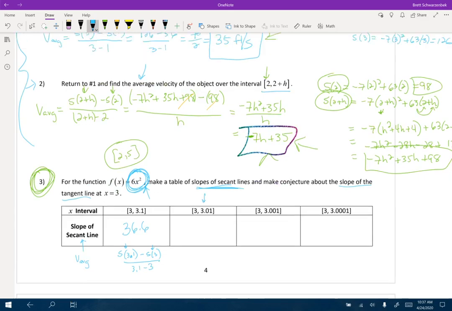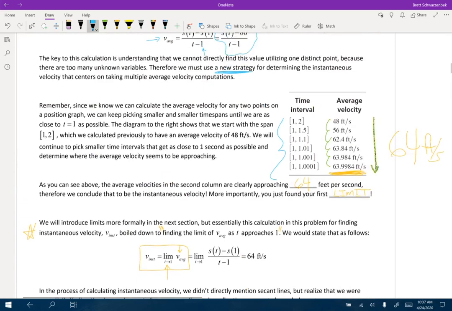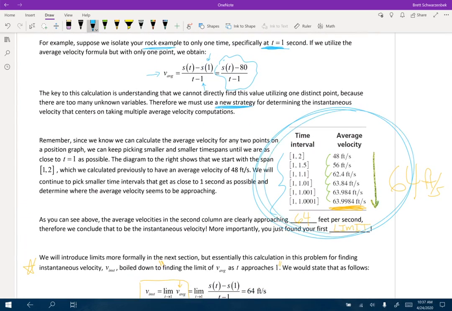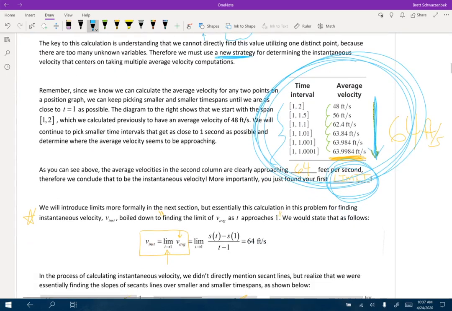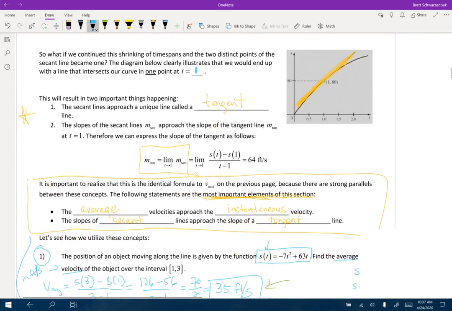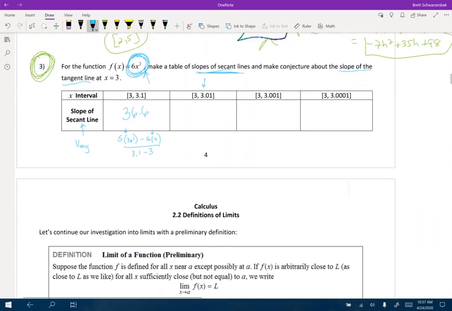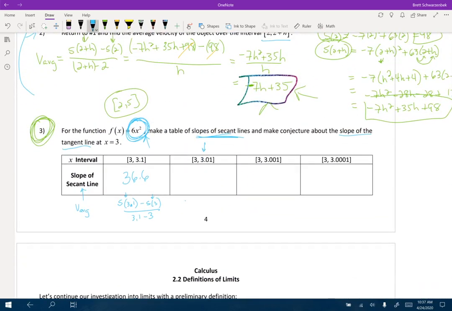We're now going to a smaller time span. So what are we mimicking? We're essentially mimicking this chart right here. We're creating a limit by seeing what value it's getting close to as it approaches where we need to go. So here, we're doing s of 3.01 minus s of 3 over 3.01 minus 3. If we do that calculation, we're going to get 36.06.